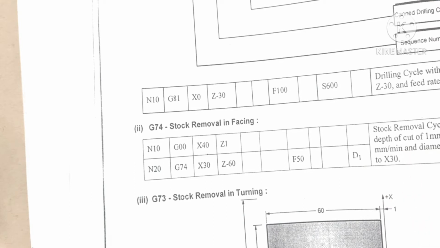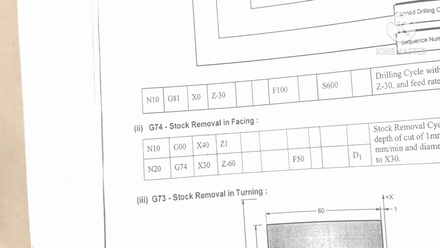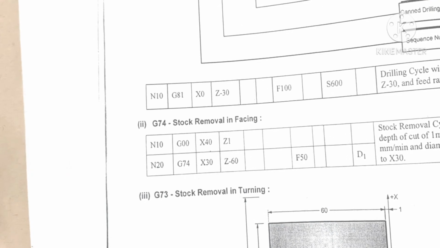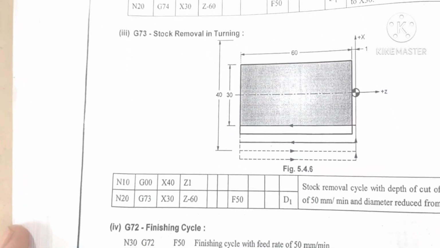The stock removal cycle with incremental depth of 1 mm, feed rate of 50 millimeter per minute, and diameter reduced from X40 to X30.